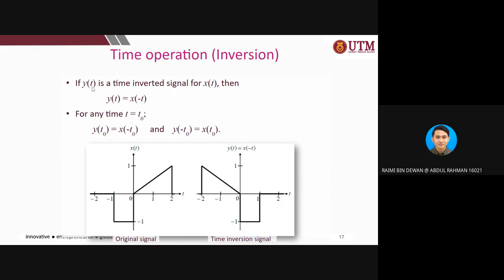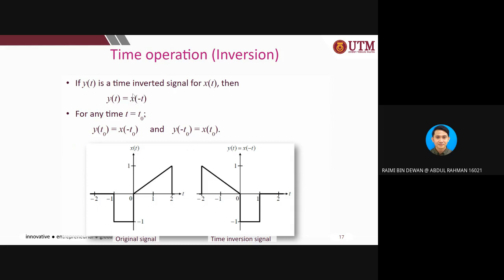Then y(t) is a product of this x(t). In this situation, y(t) is a time inverted signal if you have, for example, y(t) = x(-t). As you can see, we have a negative in front of our t. So this means the signal y(t) is a time inverted signal of x(t).